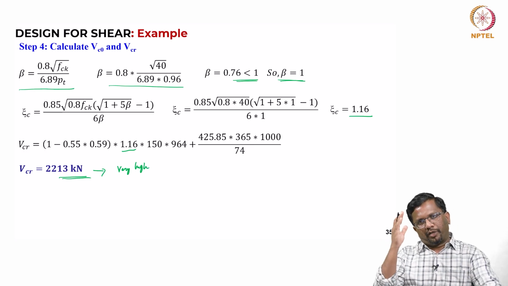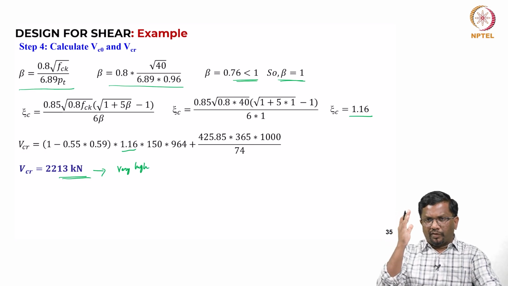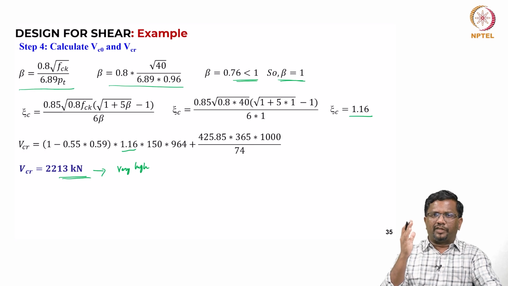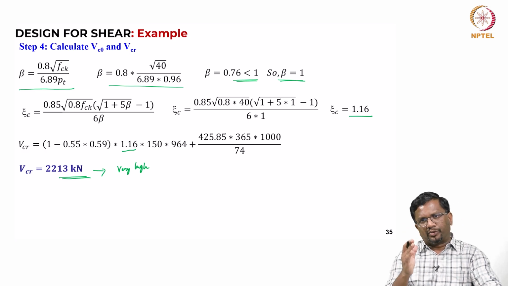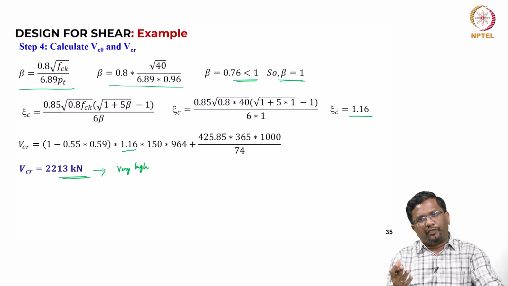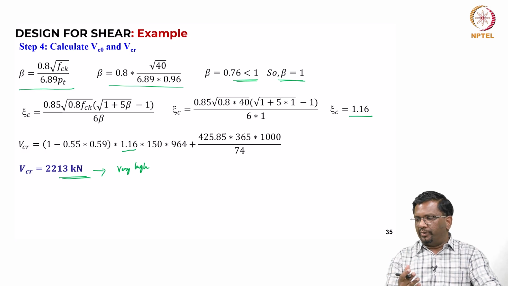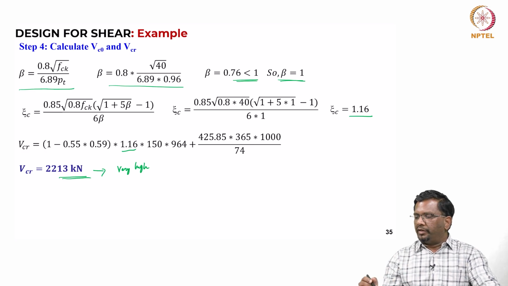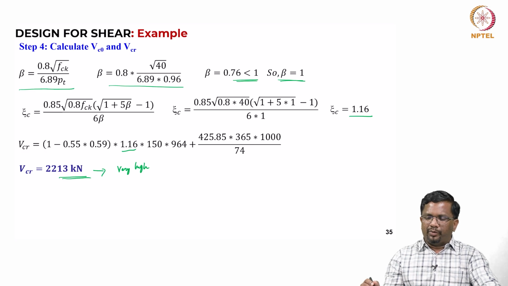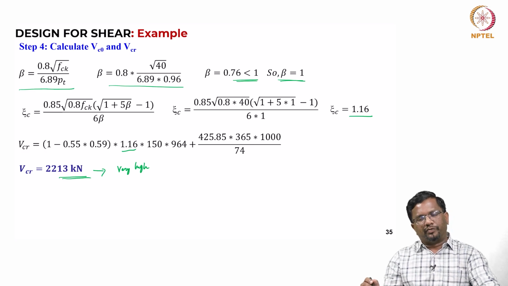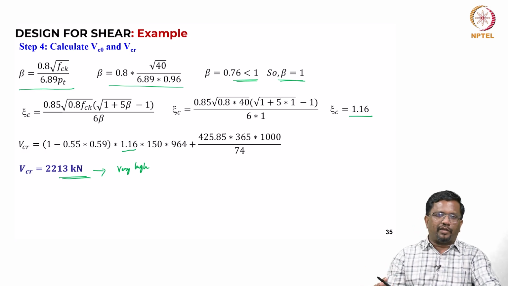Because you are calculating the flexural shear cracking capacity at a location very close to the support, where your flexural demand itself is very low. You remember, you see in this equation, the bending moment itself is going to be very, very low, and because of which the section will not actually crack in flexure. So you need a large moment to crack.